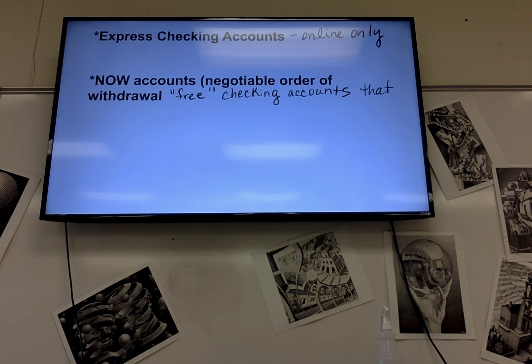So it's free. You have interest payments, but you can only write so many checks a year without getting a penalty before it becomes not free.